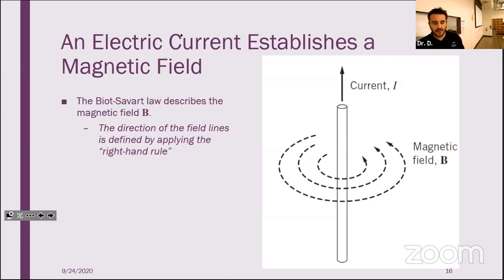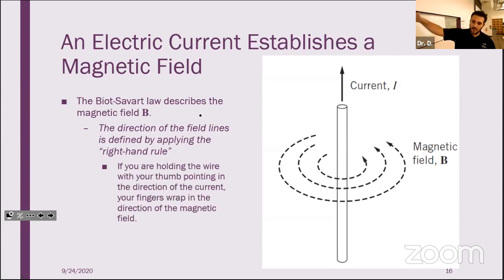But what is the right-hand rule in this case? The direction of the field lines is defined by applying it. If you're holding the wire, you place your thumb along the direction of current, and the way your fingers curl determines which direction your magnetic field runs in.